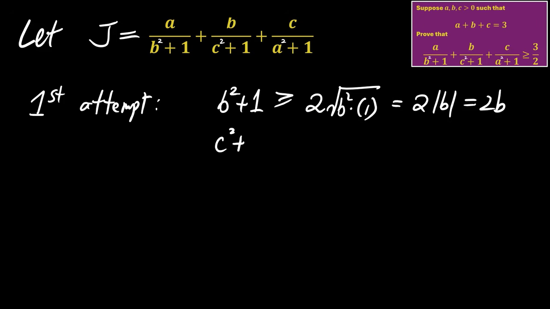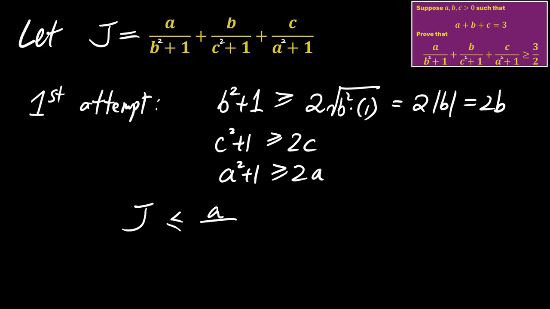Similarly, this is true for c squared plus 1 greater than or equal to 2c, and a squared plus 1 greater than or equal to 2a. However, this will show that J is less than or equal to a over 2b plus b over 2c plus c over 2a.